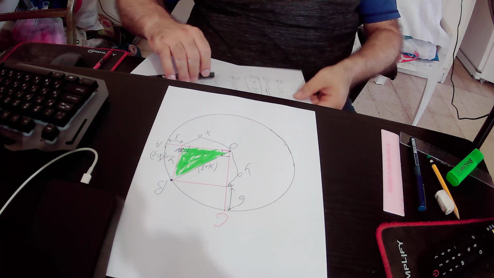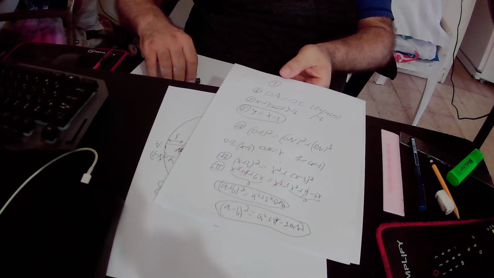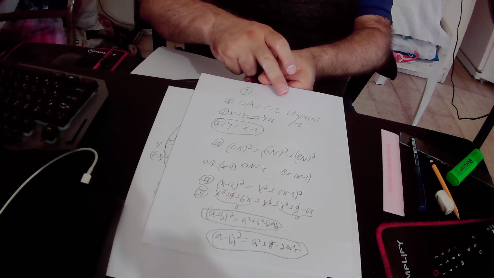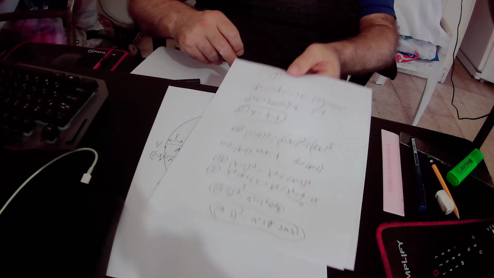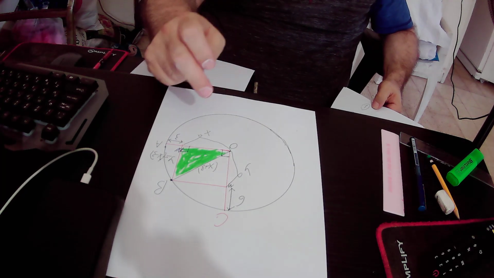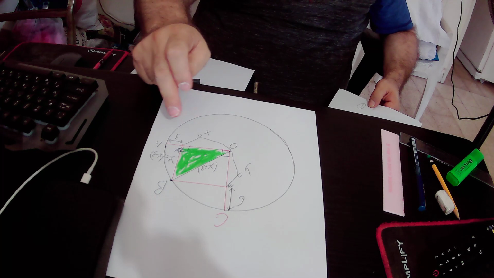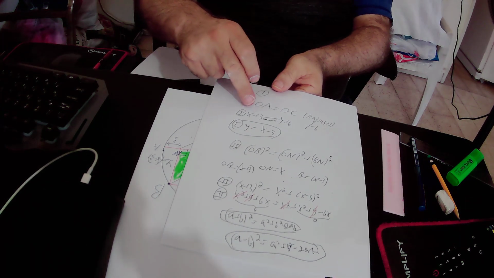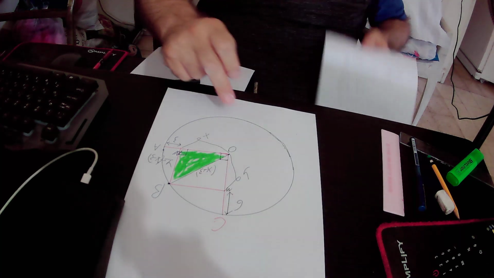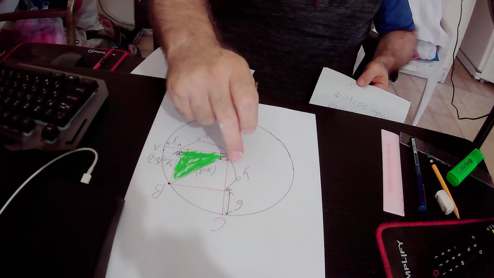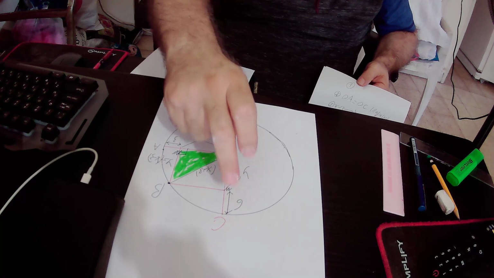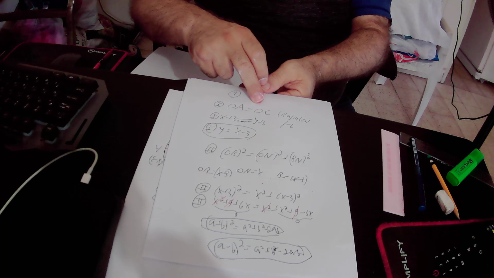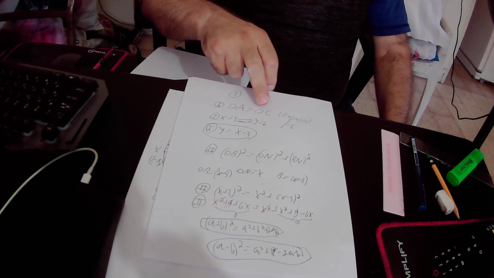So we can write the first equation that states that OA equals OC because both of them are radii of this circle. Okay? We know that OA equals x plus 3, so we can substitute OA by x plus 3, and OC equals y plus 6, so we can substitute OC in the first equation by y plus 6.